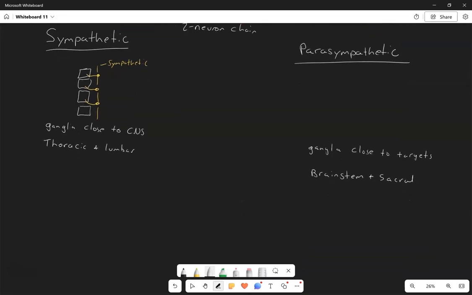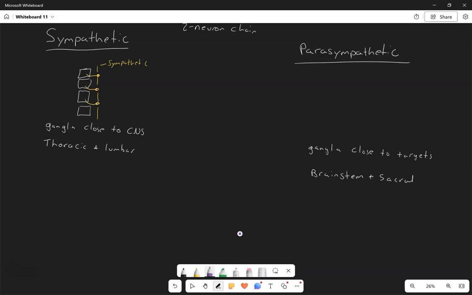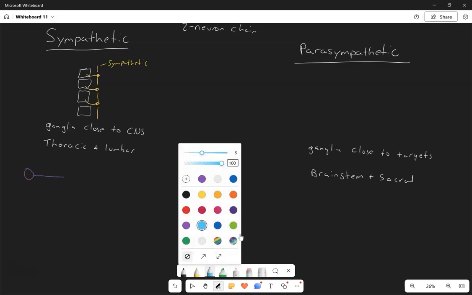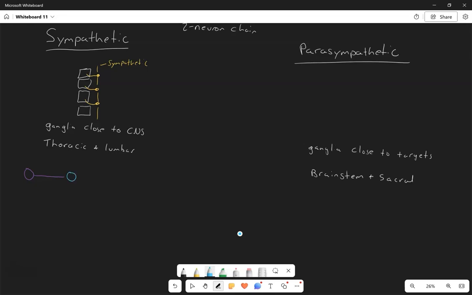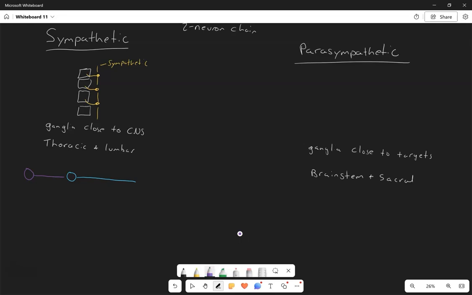All right, now, because of this, remember that there's a two neuron chain. So I'm going to draw in purple here. We're going to start with neuron 1, and it's going to synapse with neuron 2. I'll draw this in blue. This synapse here, remember, occurs at those ganglia. So if we draw neuron 1 and 2 in our sympathetic or parasympathetic division, what do you think is going to be different?